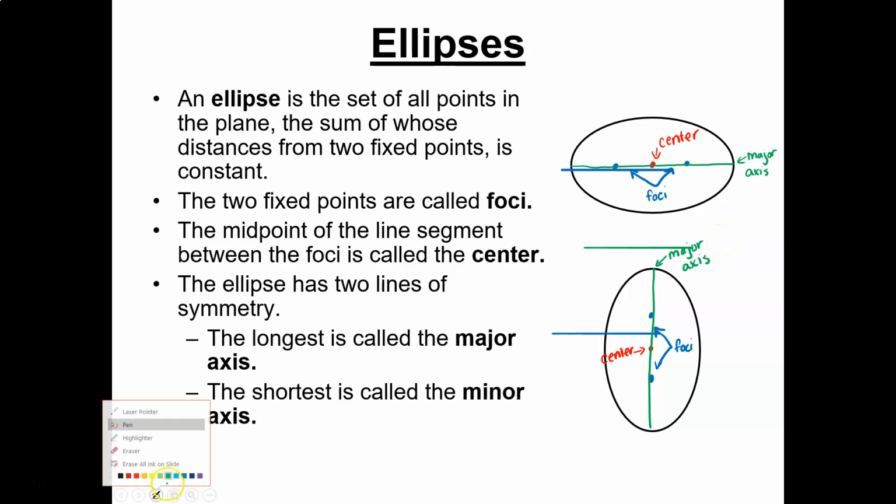And then we also have a minor axis. Sorry, I should have arranged these a little better here. So this is the minor axis. This would be our minor axis.